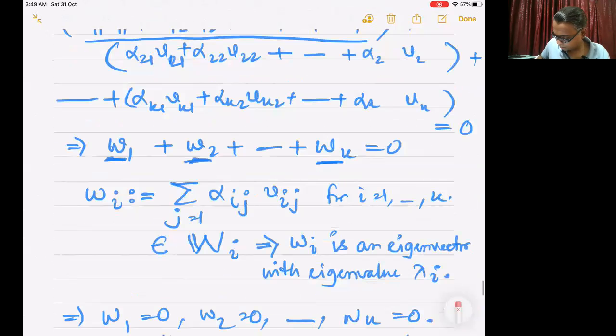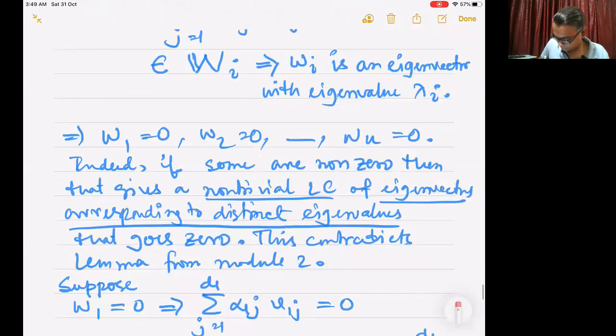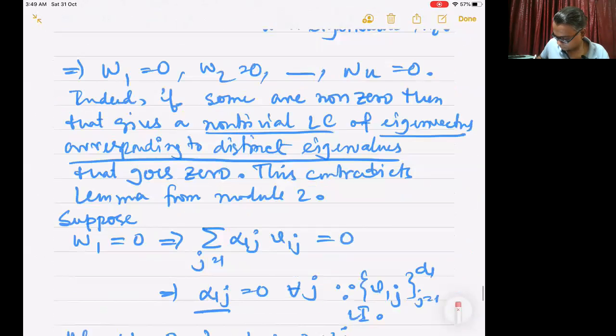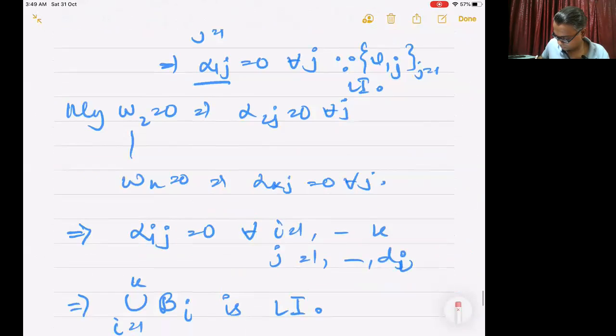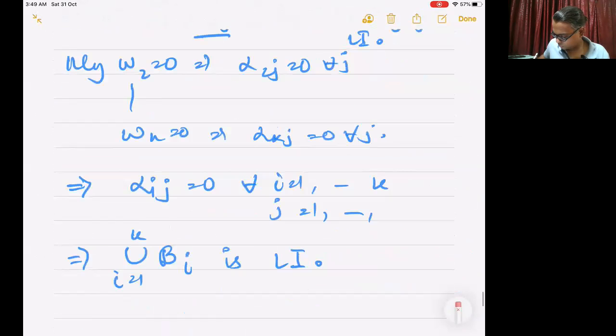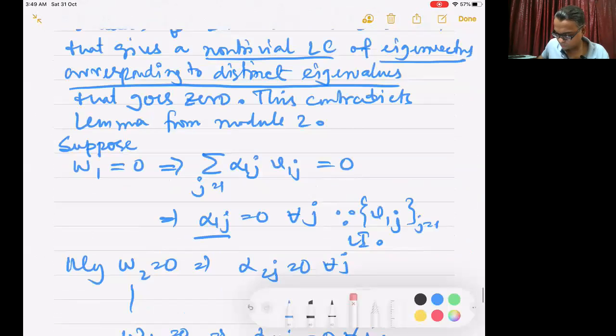The proof is independent of that fact. So let me just substitute these by numbers R.